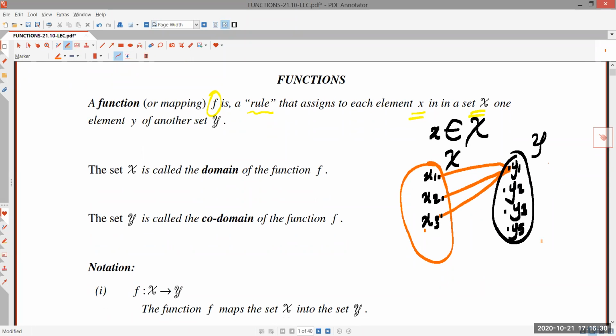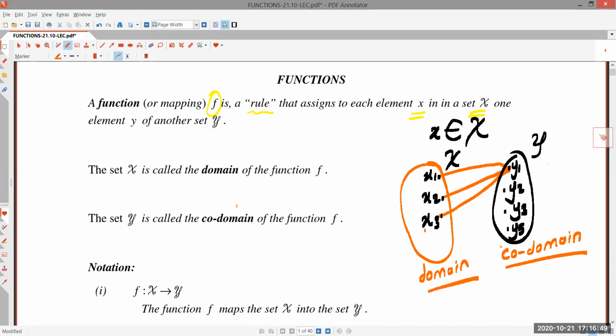And we call this set X the domain, okay? And this other set, Y, is called the codomain, right? One is the domain, the other is the codomain.